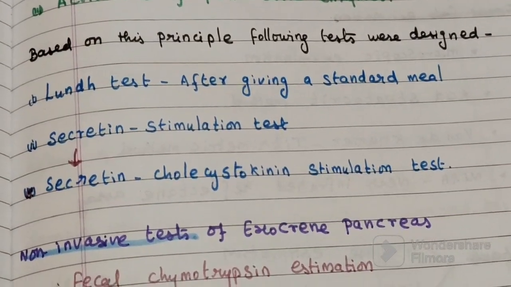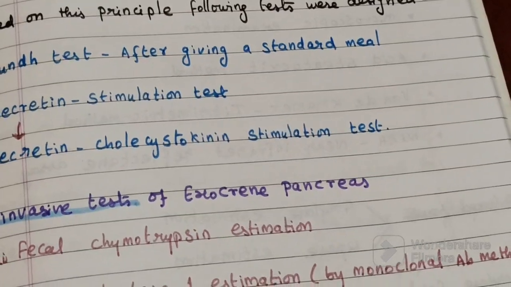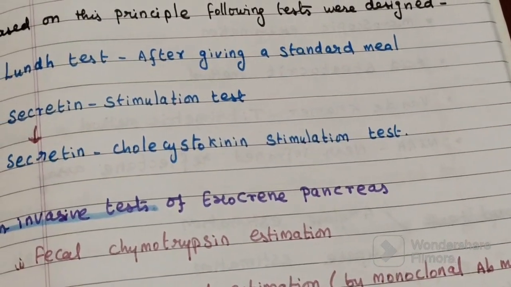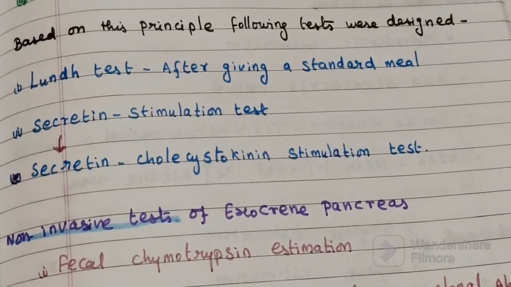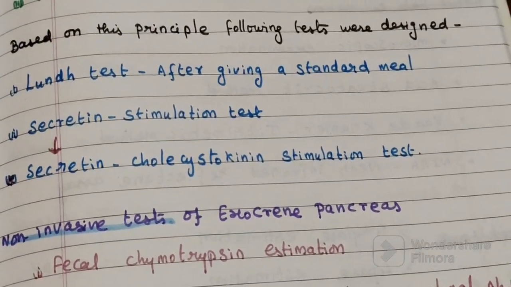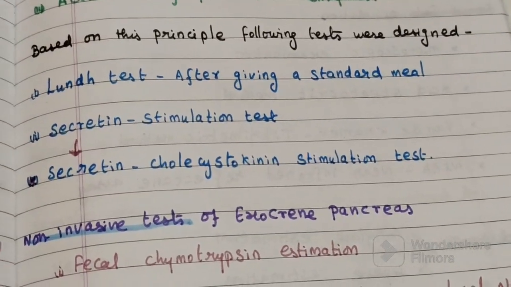What is done here? Secretin is injected intravenously and now the GI fluid is collected, and this GI fluid aspirate is assessed for the above parameters.